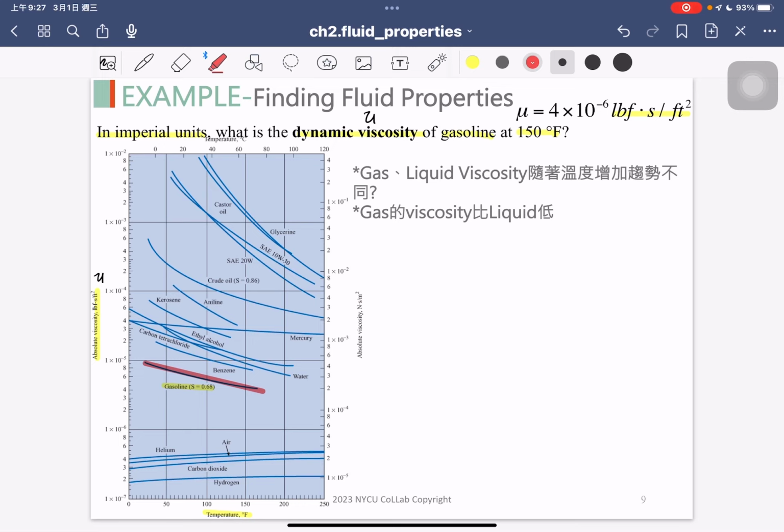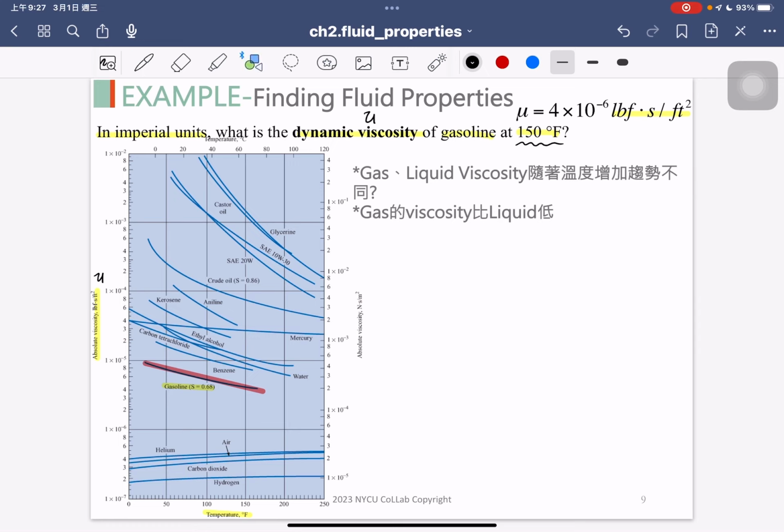Okay? So the question is very simple. We already know the conditions. So I state the condition showing here, we should state the temperature, how large it is. So the temperature is the 150 degree.